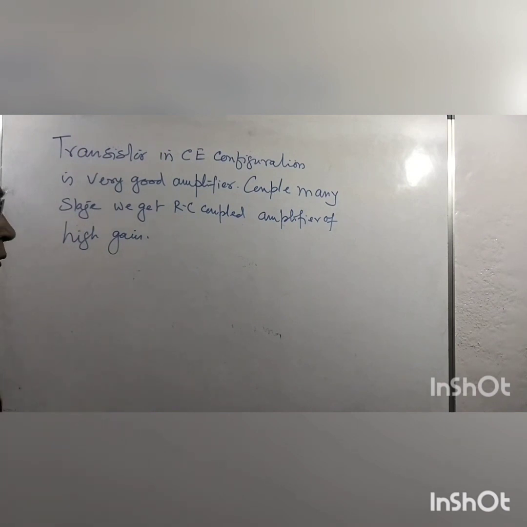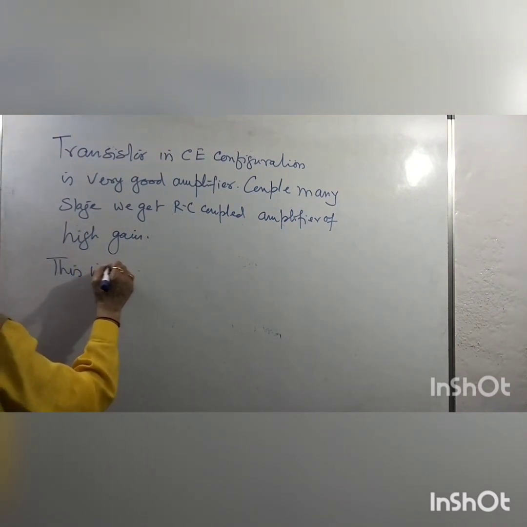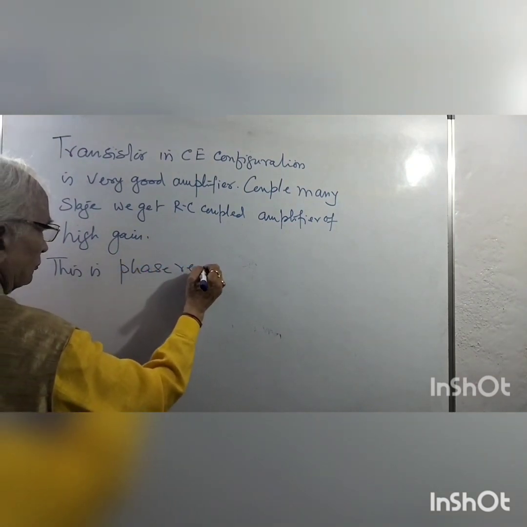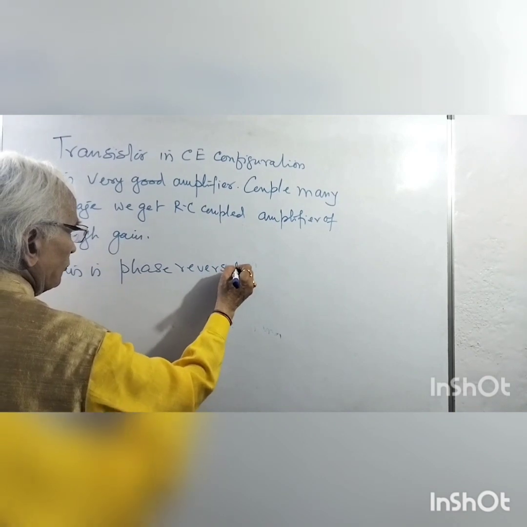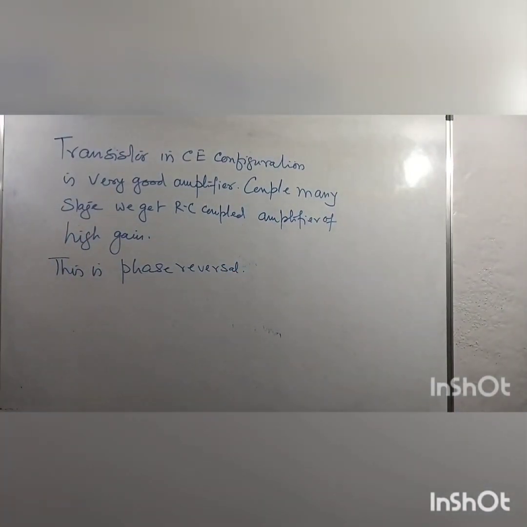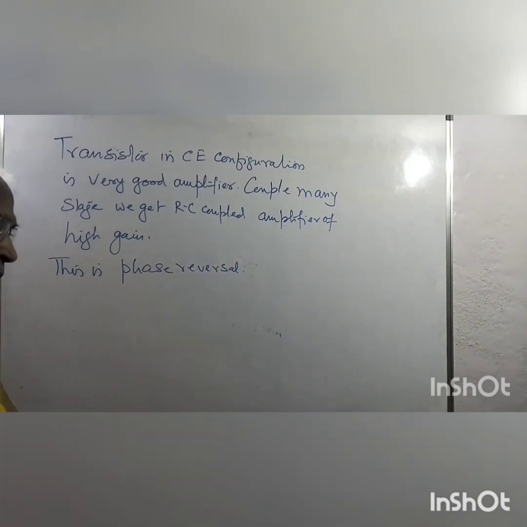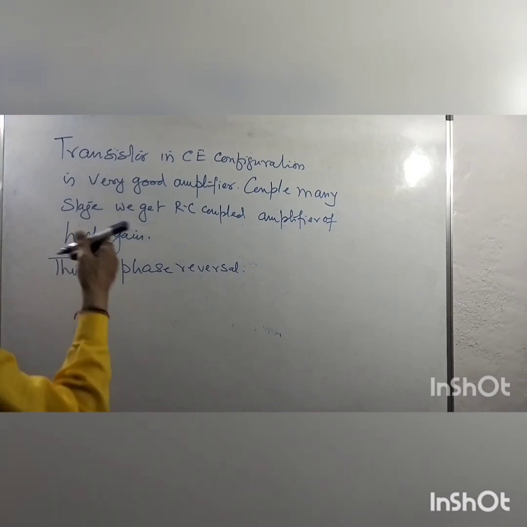One thing you can also notice, this is phase reversal. Means when the input pulse is positive, we get output negative, means fall of potential drop. When input potential increases, current in the emitter base circuit increases.